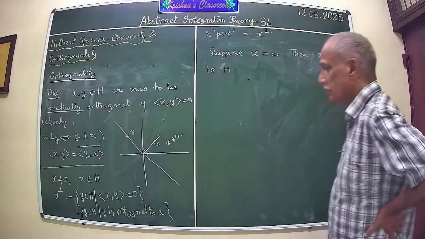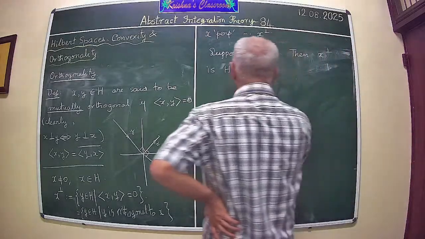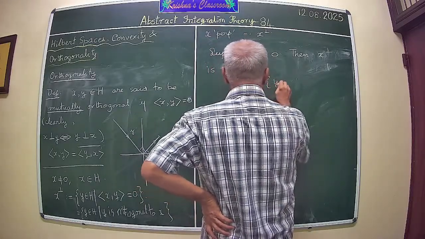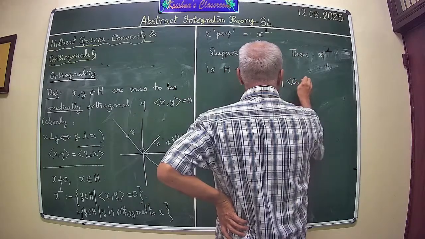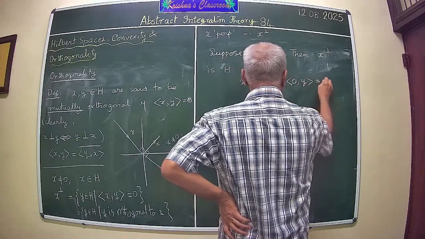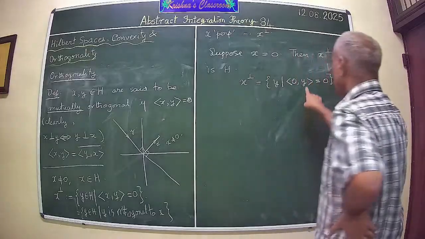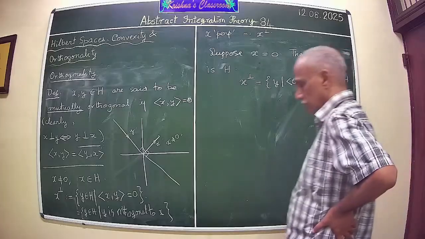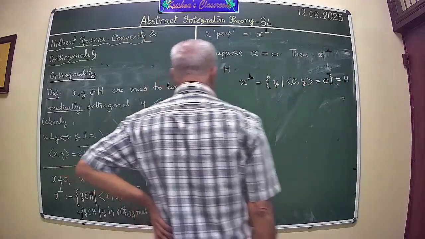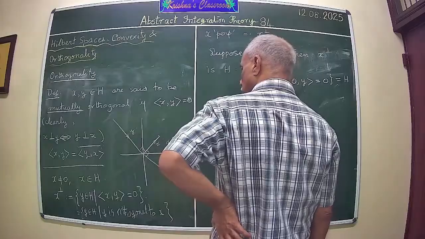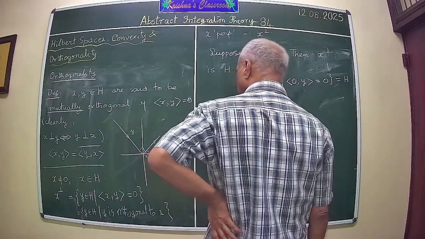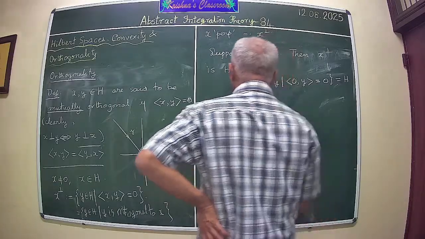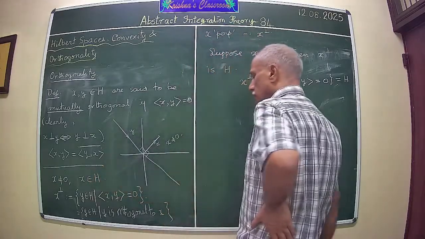This means every vector in H satisfies the property, so x perp is H. So that's trivial. If x is not equal to 0, then this is a proper subspace.